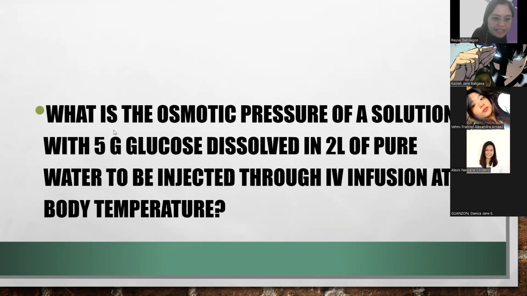For problem number 3, what is the osmotic pressure of a solution with 5 grams glucose dissolved in 2 liters of pure water to be injected through IV infusion at body temperature? Our body temperature is 37 degrees Celsius. Sige, you try. Let's add some more people na ma-exempt natin sa quiz next meeting.